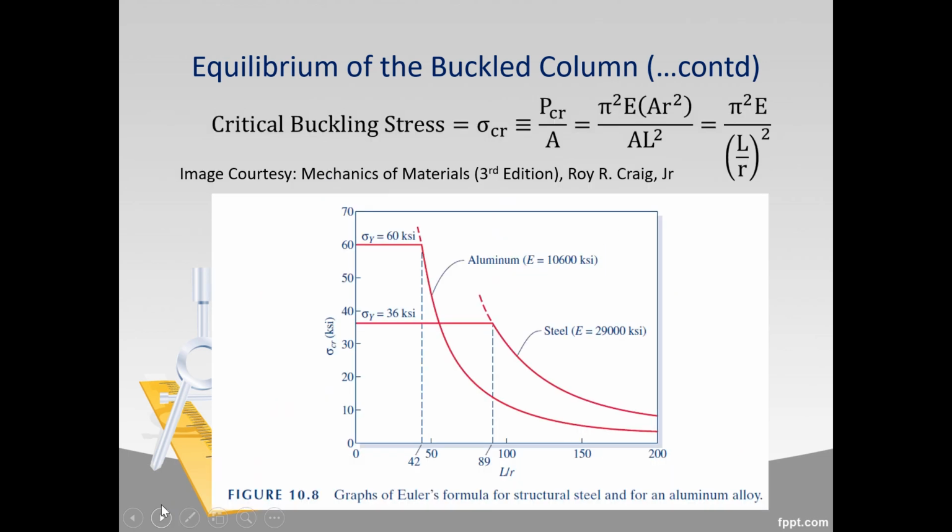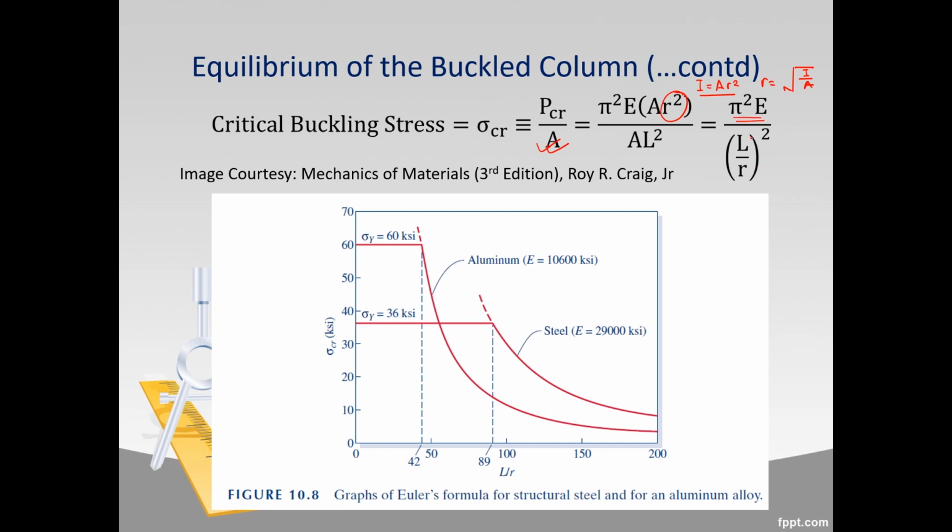Now after determining the buckling load, you can determine the buckling stress also, which is given by load upon area. Now here the value of moment of inertia is given as A R square, where R is the radius of gyration and R is given as root over I by A. If you rearrange these terms, you will get the buckling stress as pi square E by (L by R) square.